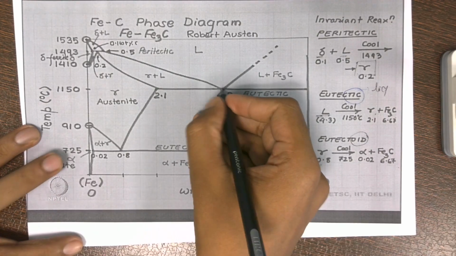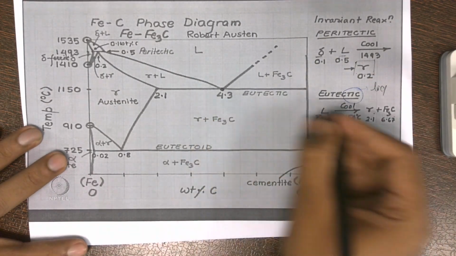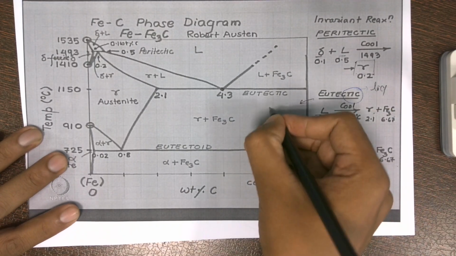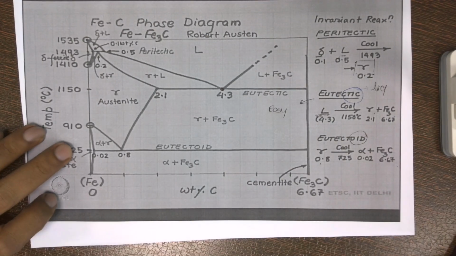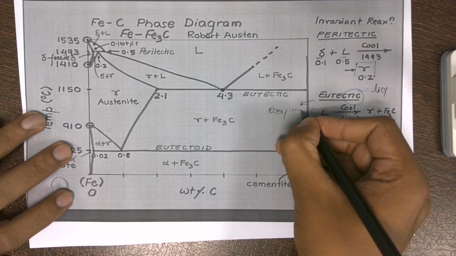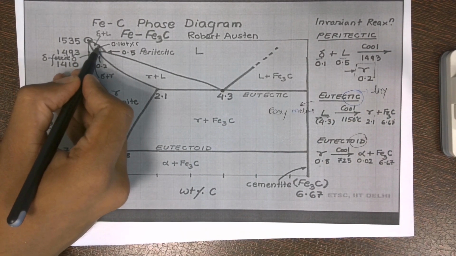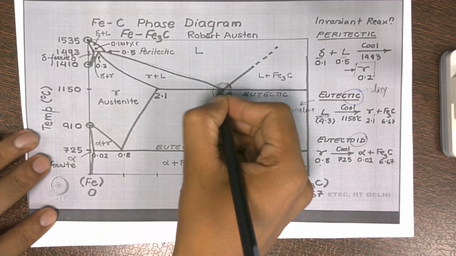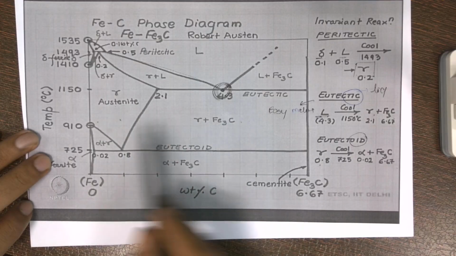Also, a very important factor is that we are calling this the eutectic. This means the easy melting. We can see that this is the lowest temperature at which we can melt either the steel or the cast iron.